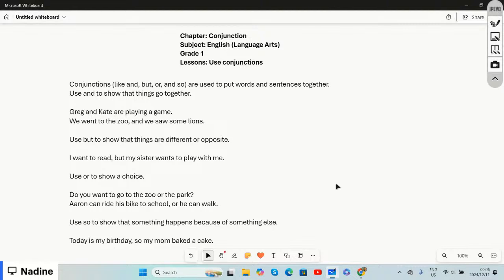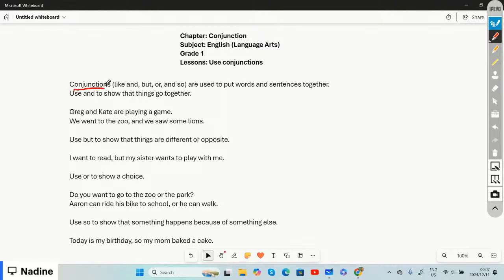We can either say they put words and sentences together, or we can say they join words and sentences. So conjunctions are used to put words and sentences together.